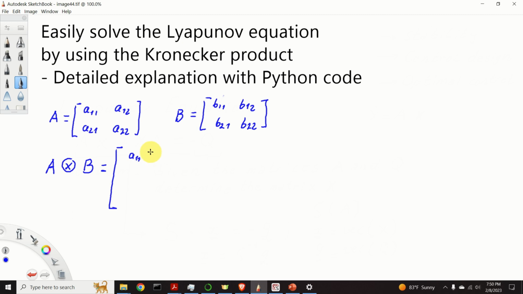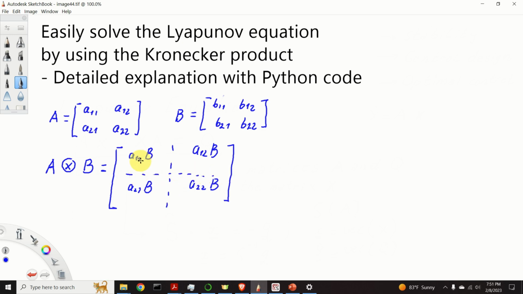A11 scalarly multiplying B, A12 multiplying B, A21 multiplying B, A22 multiplying B. So what's happening over here?